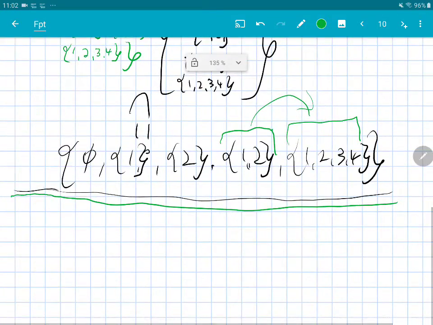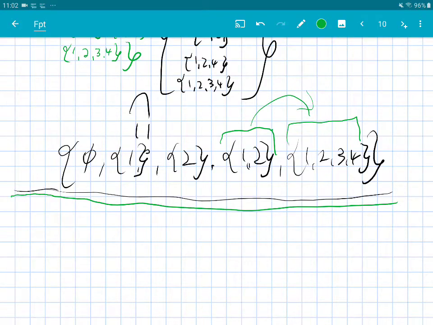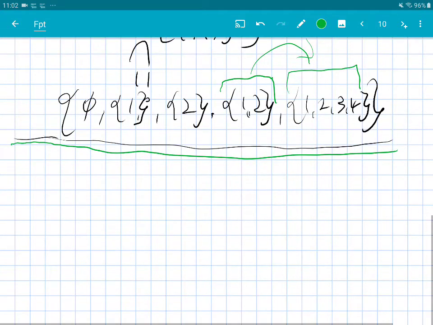That's the summary. But nevertheless, it turns out that you can still solve the natural problems on the intersection of two matroids.